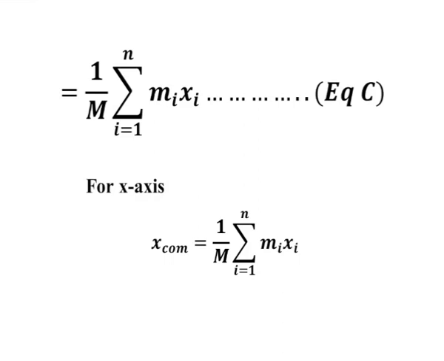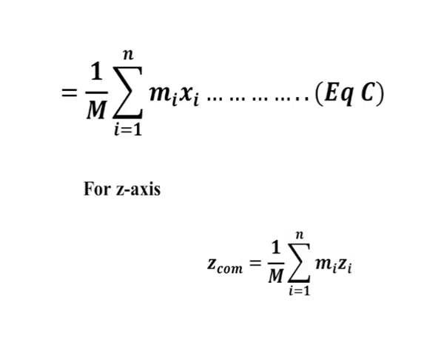For the y axis, y center of mass is equal to 1 upon M sigma mi into yi. For the z axis, z center of mass is equal to 1 upon M sigma mi into zi.